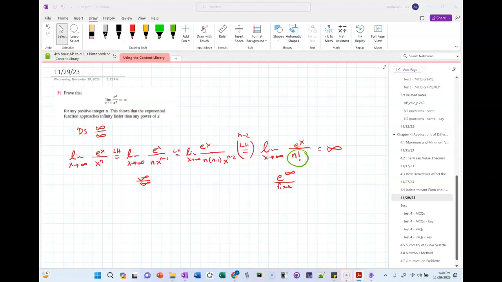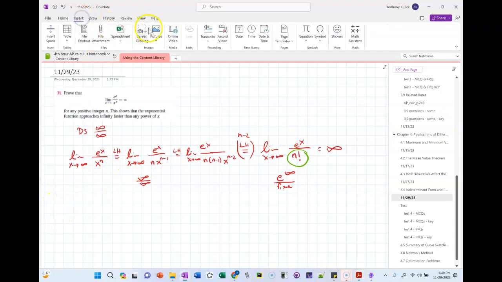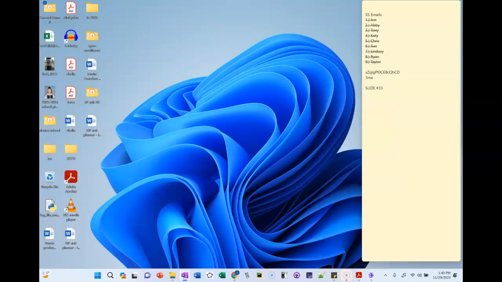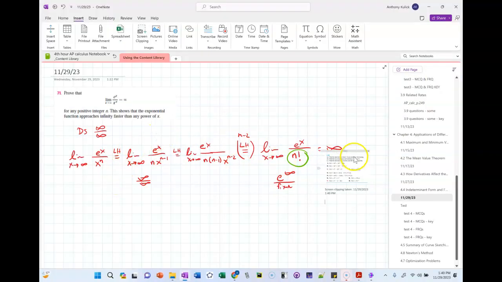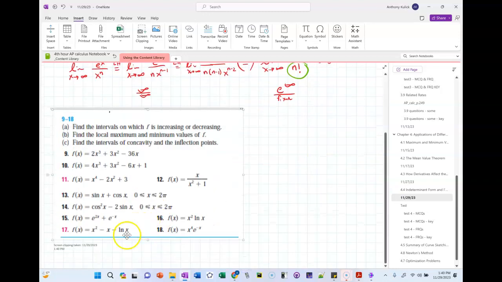Yeah, of course. Oh boy, that's not where I wanted that to land. Okay.